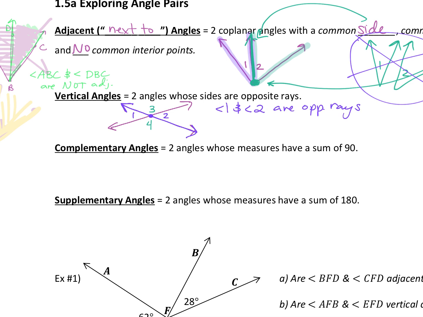Not opposite rays, you guys. They're vertical angles. Sorry. Vertical angles. The rays are opposite rays, yes, right? The purple and the pink. What colors would you call those? This angle with 2, angle 1 and angle 2, those are vertical angles, okay? Angle 3 and angle 4 are also vertical angles.